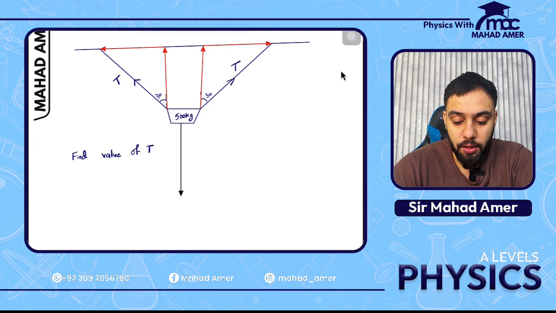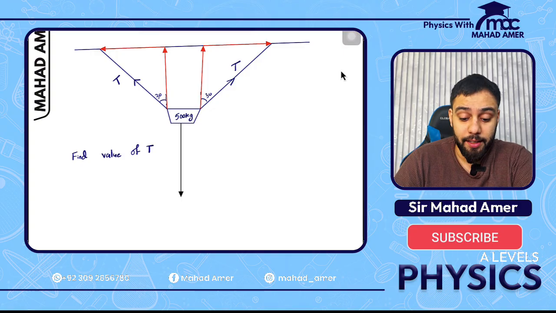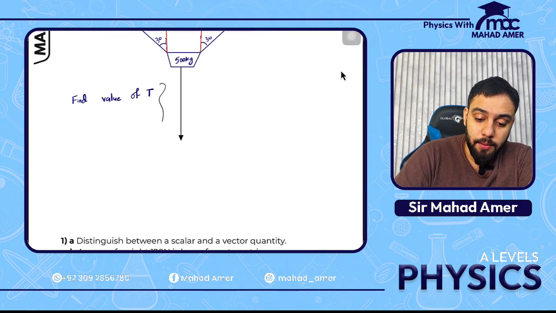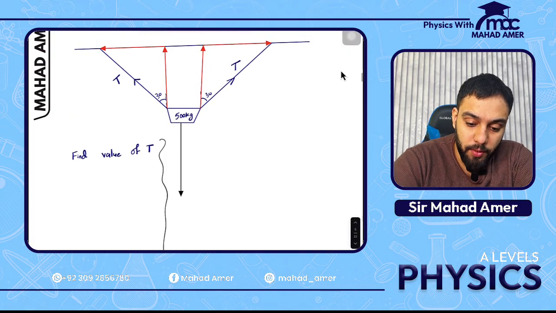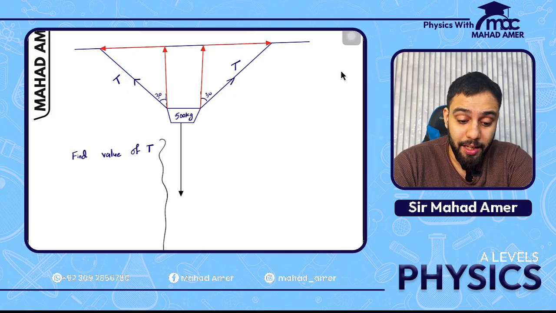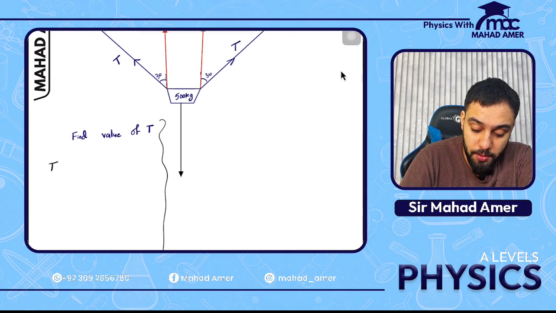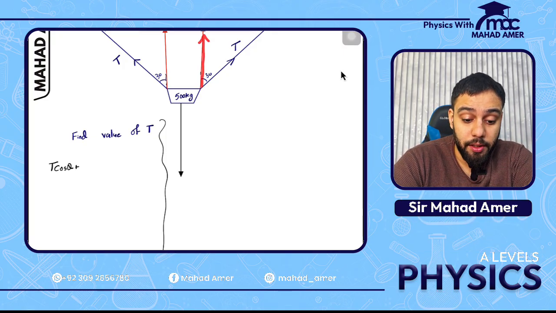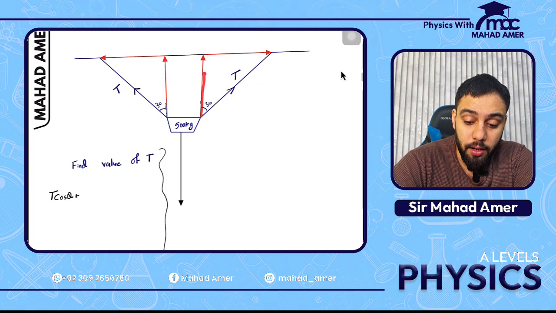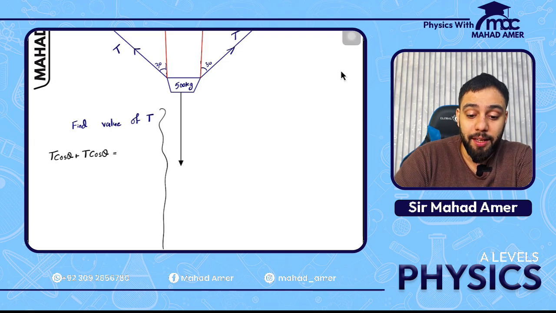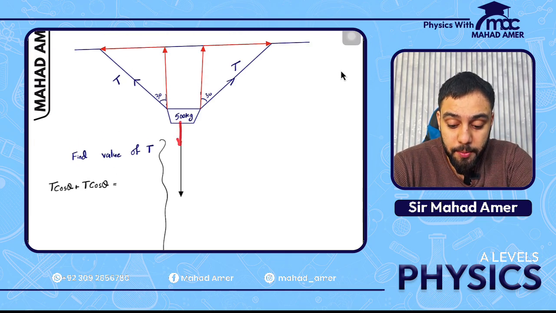In order to solve this, you need to realize that there's a component of T. This is with the angle, so it would be the hypotenuse times cos theta, so T cos theta, plus this T cos theta, since both of these are acting upwards, is going to be balancing this weight.